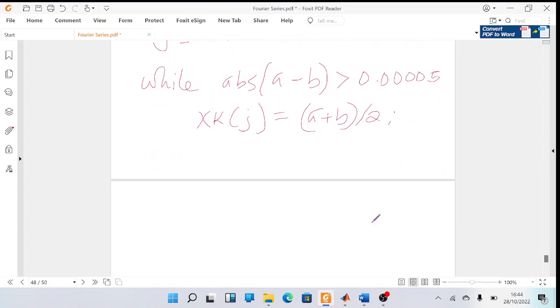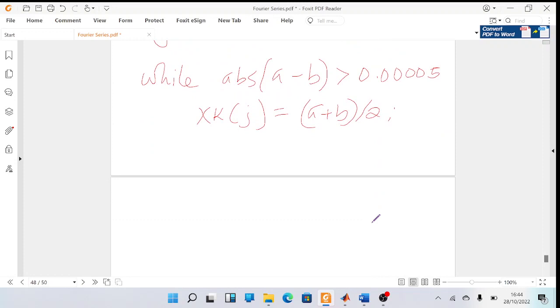Now, if the value of the function evaluated at xk is equal to 0, so we use equals for the logical check, then we have obtained the correct root.